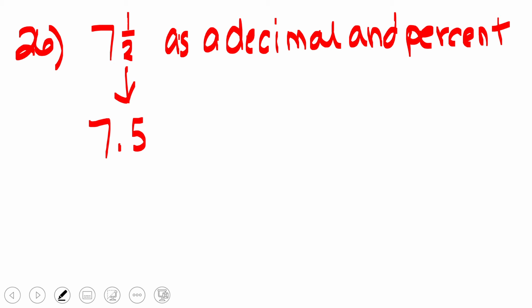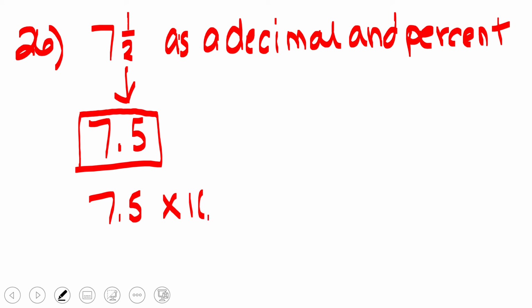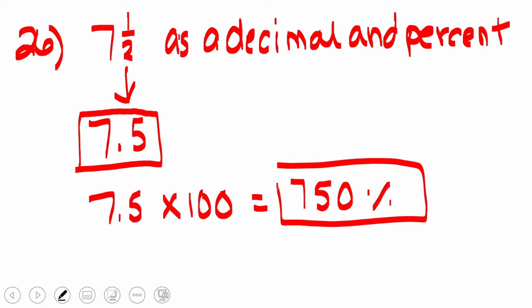We know that's 0.5, and so we have part of our instructions met. If 7.5 is taken times 100, that will yield our percentage, and we have 750%. Is that easy?